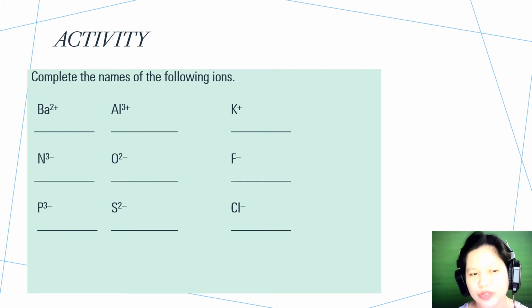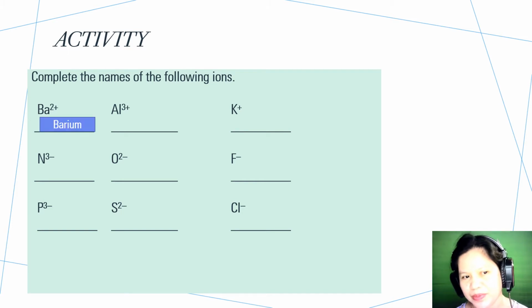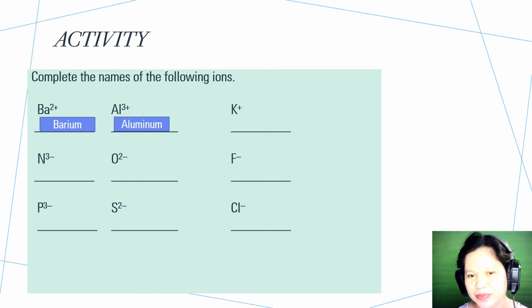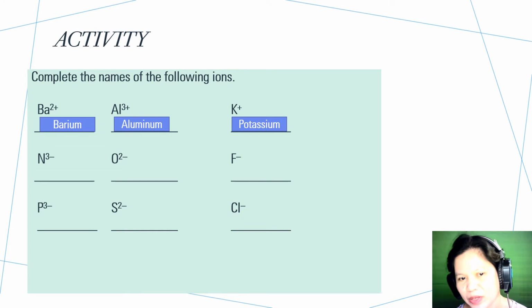Of course, we should not. So we remain the name, which is barium. What about aluminum, positive 3 charge? Still, it is aluminum. What about potassium? Very good. It is also potassium. No need to change. Now, what about nitrogen with a 3 negative charge?